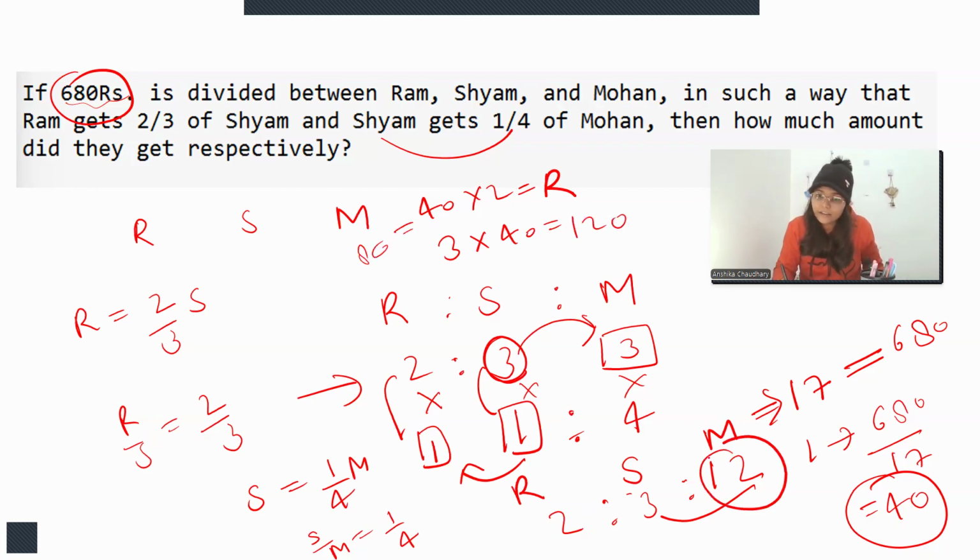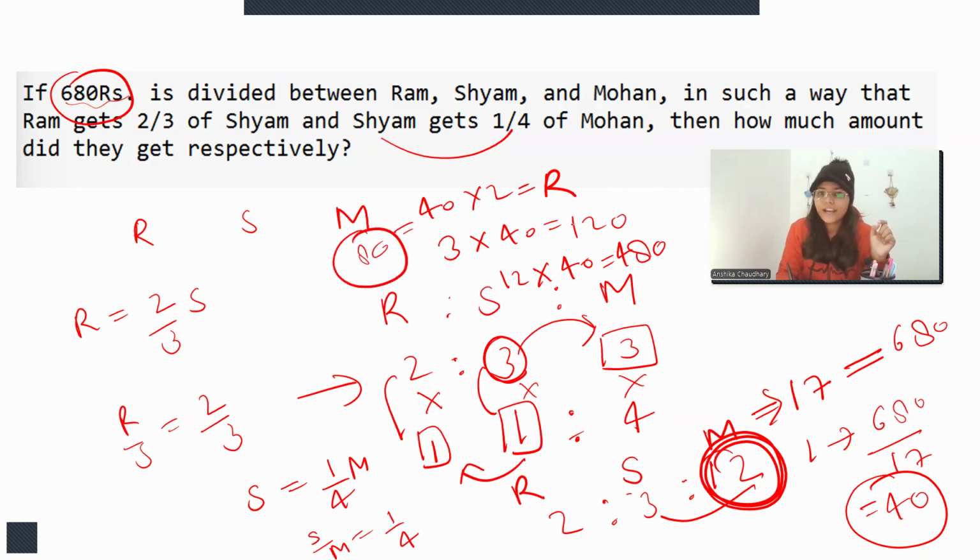And the greatest part will be Mohan's, so 12 into 40 is 480, right? So how much amount did they get? Ram will get 80, Shyam will get 120, and Mohan will get 480.